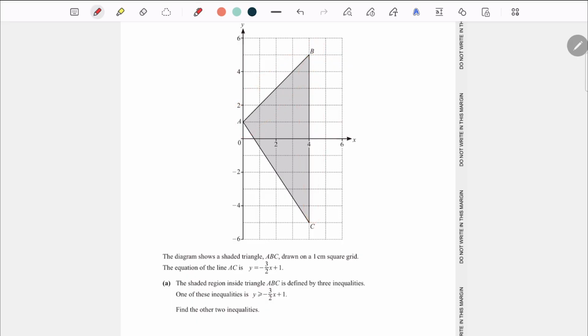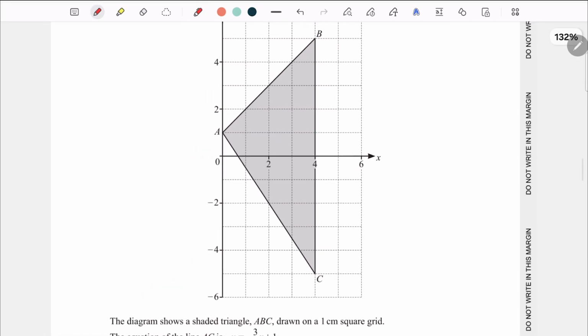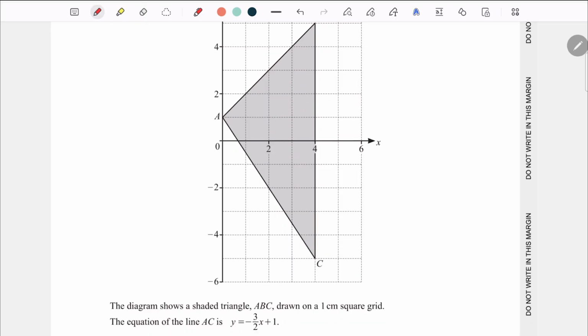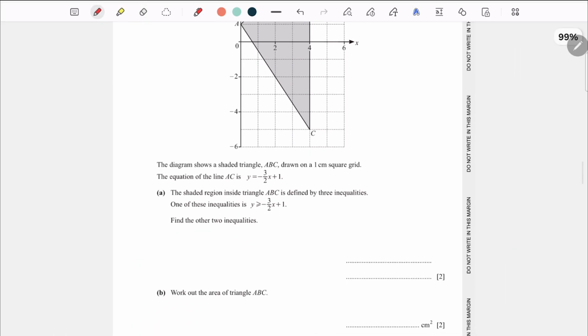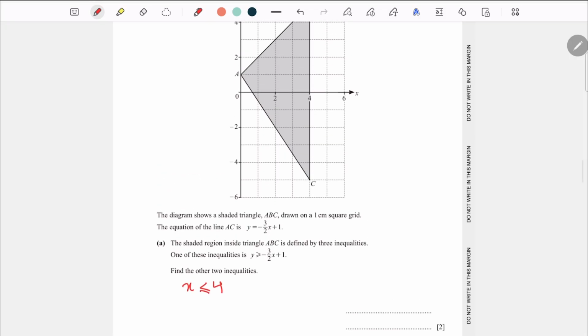First, BC is drawn on x = 4, and the region behind 4 is shaded. So basically all values behind 4 are less than 4. So the first inequality will be x ≤ 4.